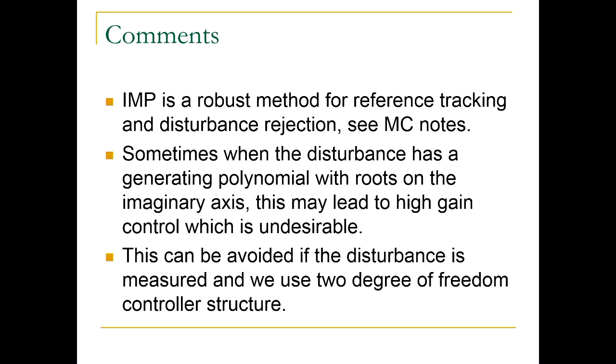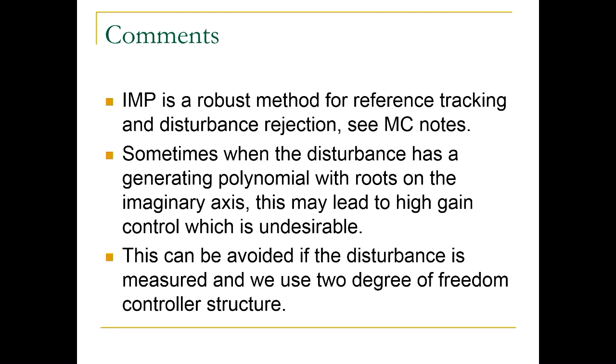A few comments. This is a robust method in the sense that if there is a little bit of perturbation in the system, you will not totally lose this property. Small perturbation in the system would lead to small errors. Everything is designed for the nominal model, for the disturbance model and the plant model, and for that model you get zero steady state error. But if you perturb all these things slightly, then the error will be small. That's the robustness.